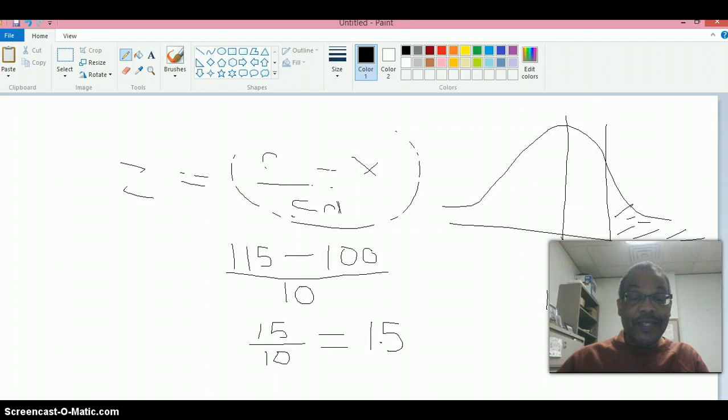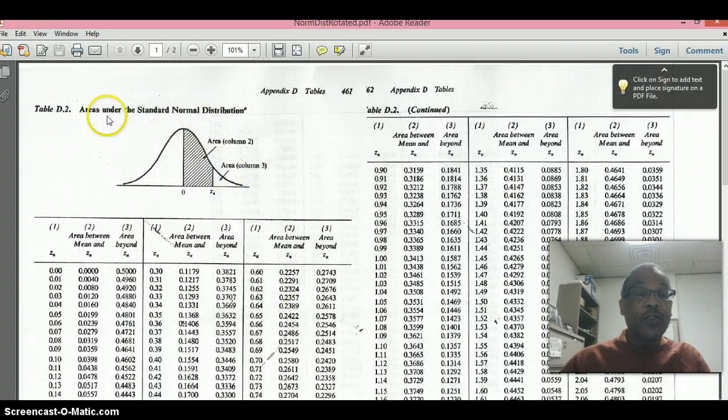Now, doesn't that look exactly like this? Let's go up to the top here. The area, column 3, is greater than the score, or greater than, which is column 3. And of course, what that means is that it's possible for us to find a z-score where this 0 here represents the mean, and the score that we would be looking at would be area column 2.